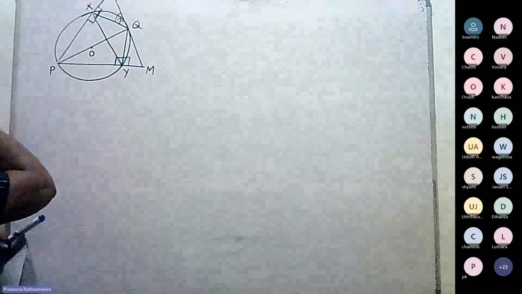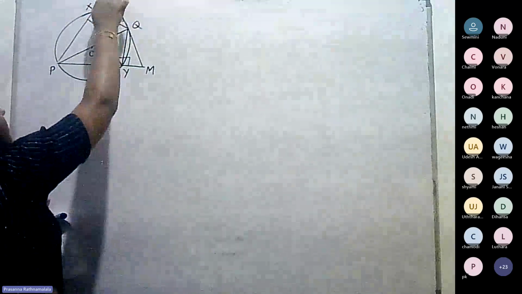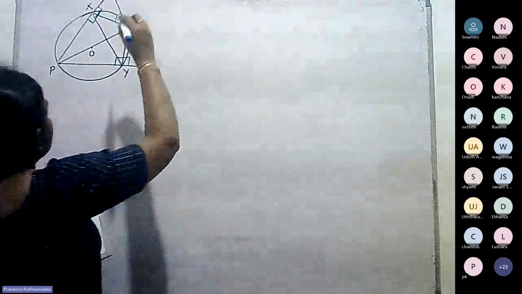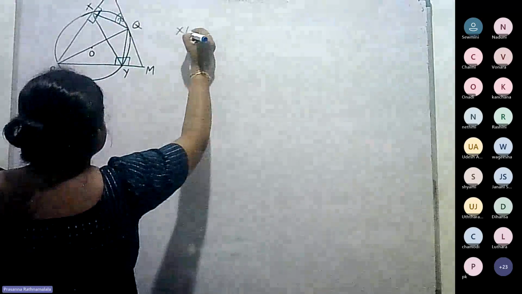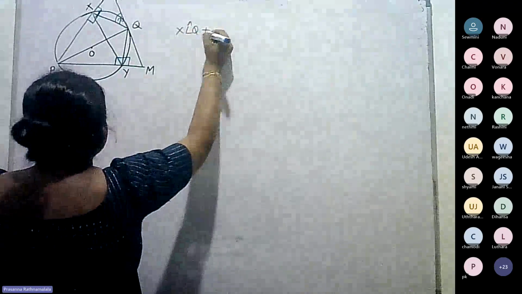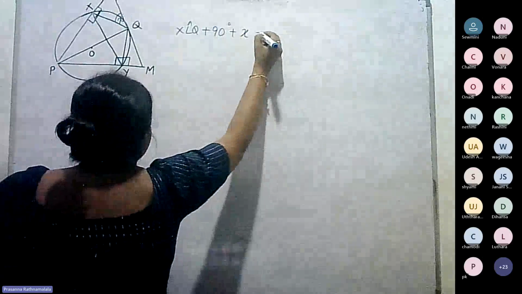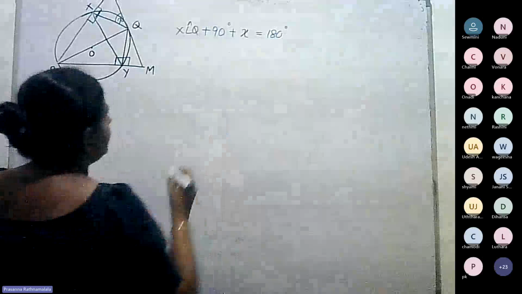Now we know that the sum of the interior angles of a triangle is 180. So XLQ plus 90 plus X equals 180.